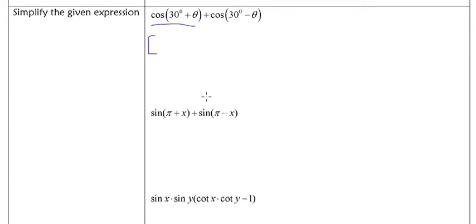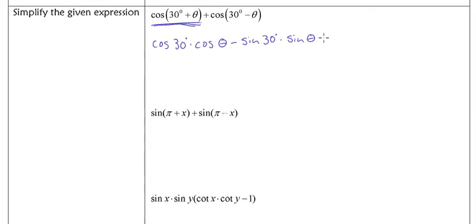That's going to give us cosine of alpha times cosine of beta, so cosine of 30 degrees times cosine of theta, minus sine of alpha, which is 30 degrees, so sine of 30 degrees times sine of theta. And that's all just this first part expanded right there.